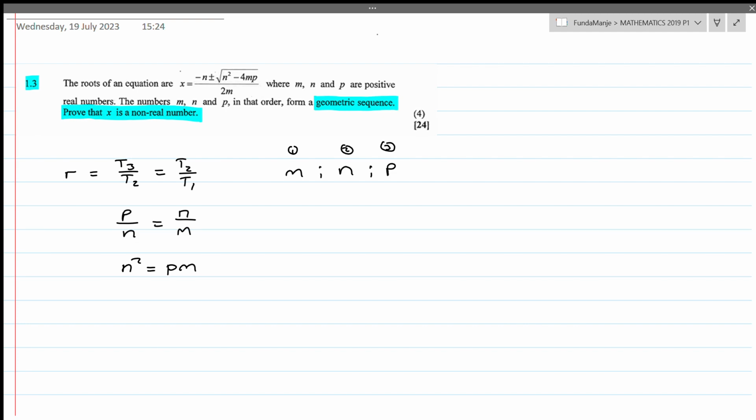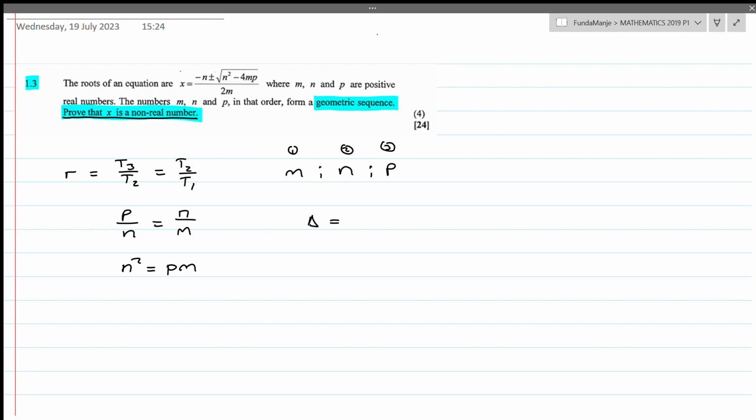Now 1.3 on most question papers is regarded as a difficult question, as it requires you to understand a bit more than algebraic logic. So here the key is that at the end of this question we have to prove that x is a non-real number. How can we tell what the nature of numbers is? Under the topic nature of numbers, we have this formula called the discriminant, represented by this delta sign or the triangle sign.